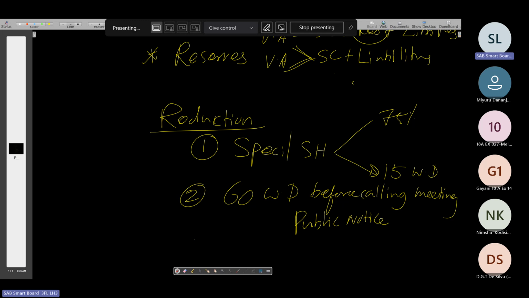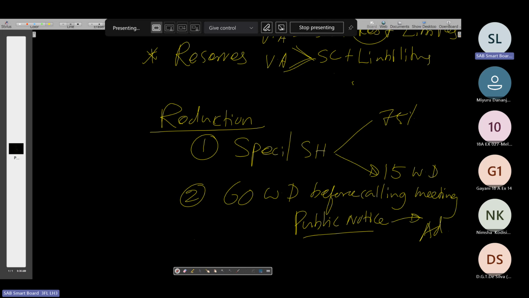We have discussed it: after incorporation, within 30 working days of its incorporation, the company shall give public notice by publishing an advertisement in a daily newspaper in 3 languages, Sinhala, Tamil and English. So the public notice is to be given.